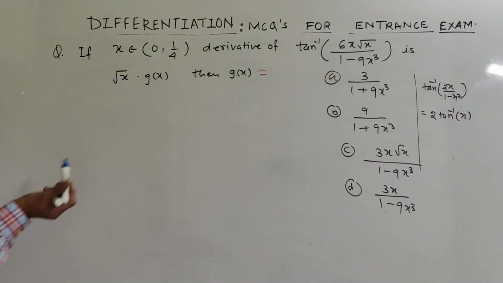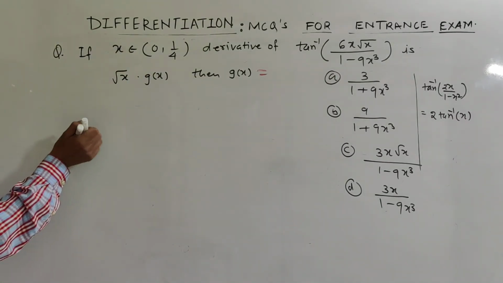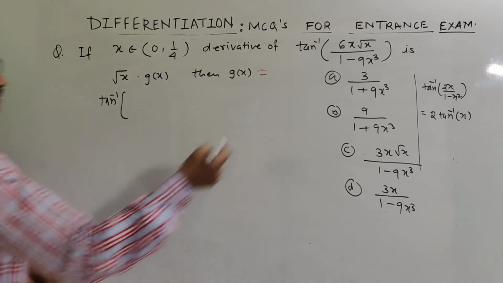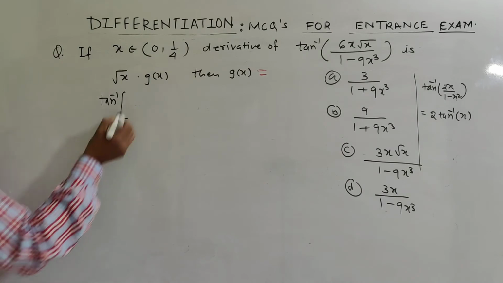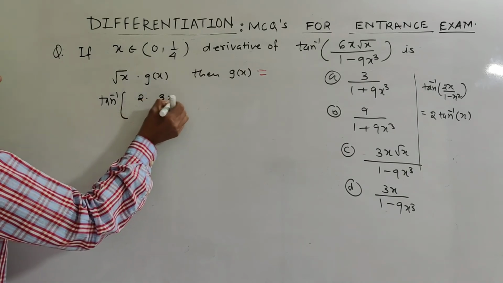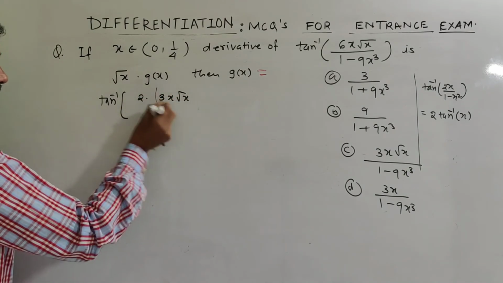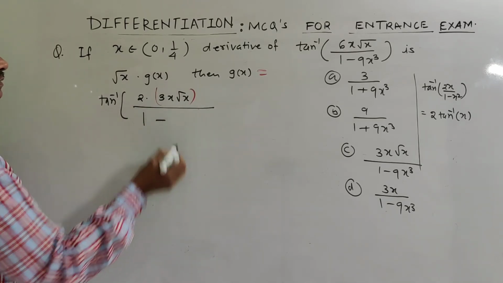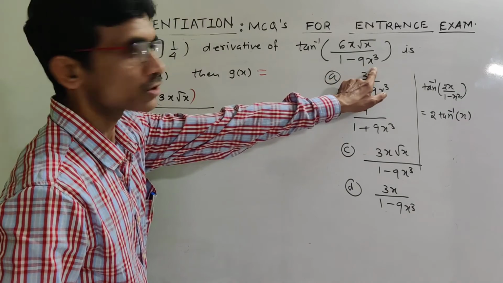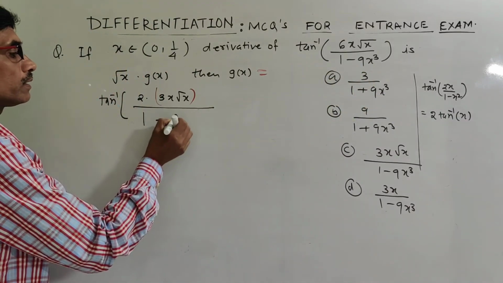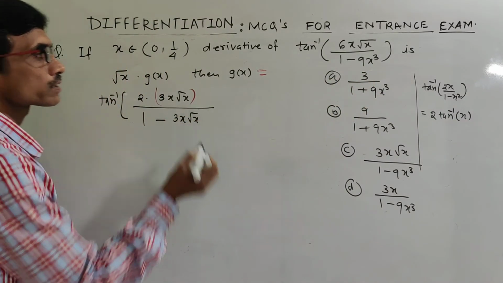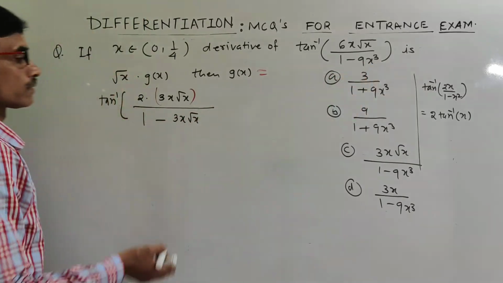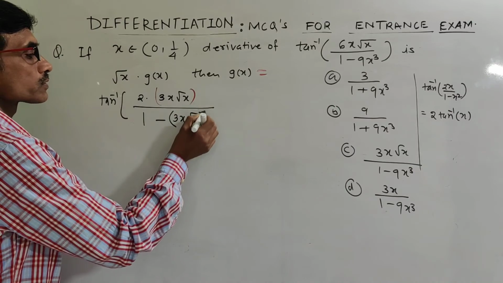Here in tan inverse, we write 6 as 2 into 3x root x, upon 1 minus 9x cube. 9x cube is nothing but 3x root x whole square, since x root x squared is x cube.